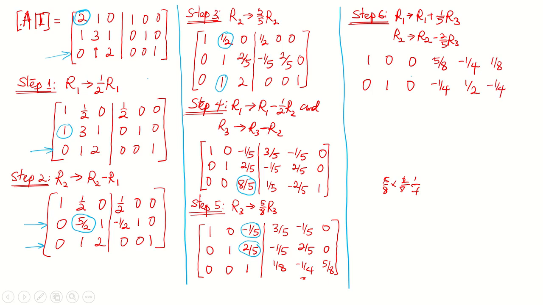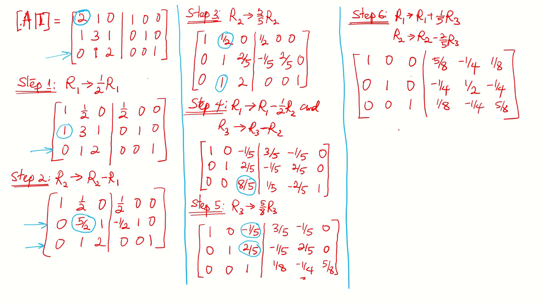And the third row remains the same: 0, 0, 1, 1 over 8, minus 1 over 4, and 5 over 8. Okay, you can see we've reduced the matrix to an identity matrix: 1, 0, 0, 0, 1, 0, 0, 0, 1.